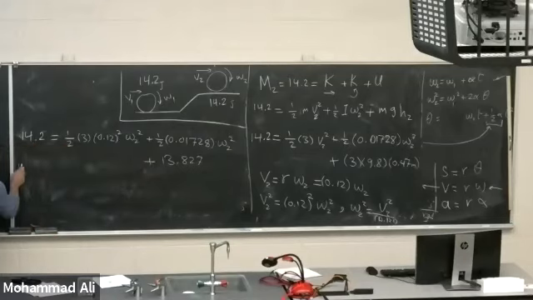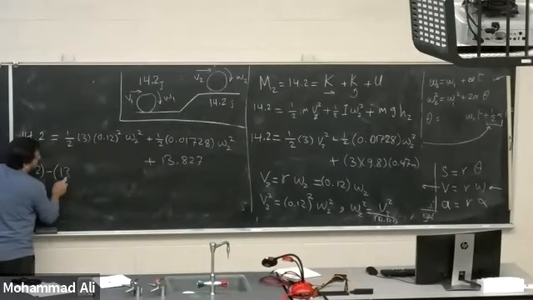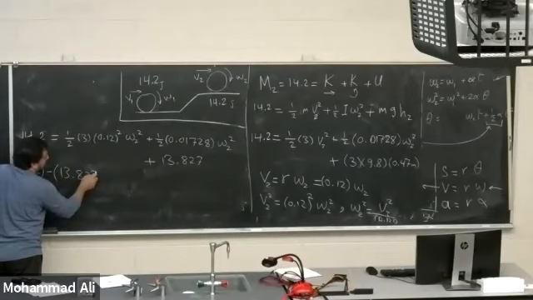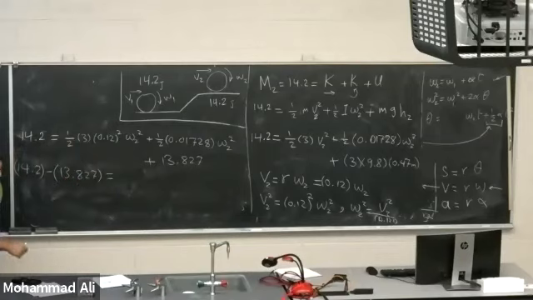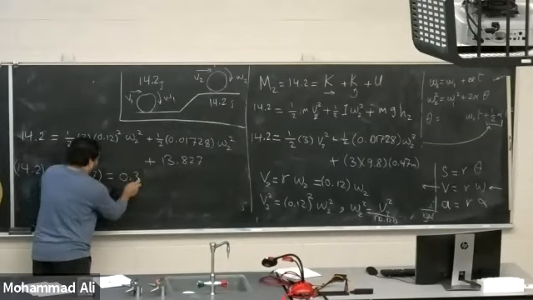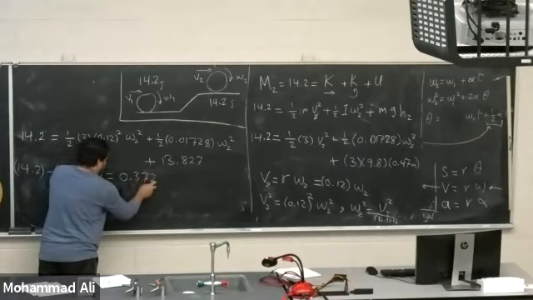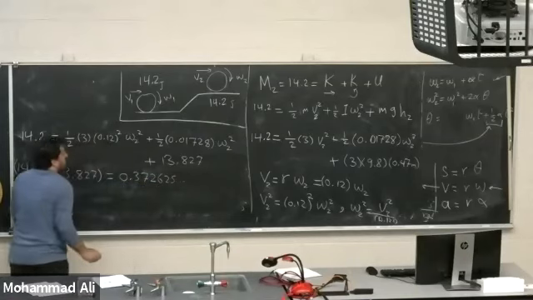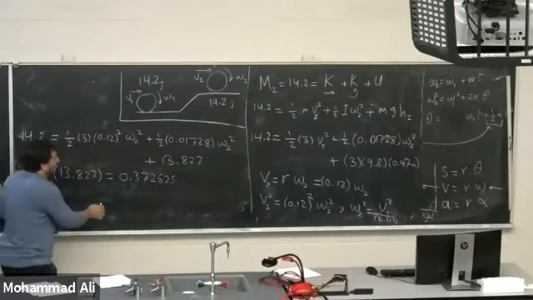So it will be 14.2 minus 13.827. This will be equal to 0.372625 and so on.